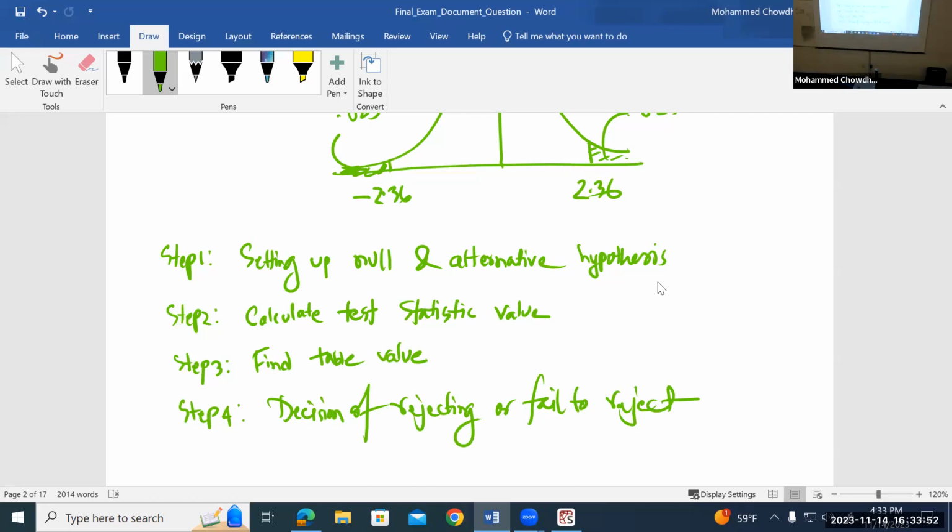So now we are going to do the first test of hypothesis problem, and I'm going to write these 4 steps. Okay, just take a 5 minutes break, then I will start doing this.